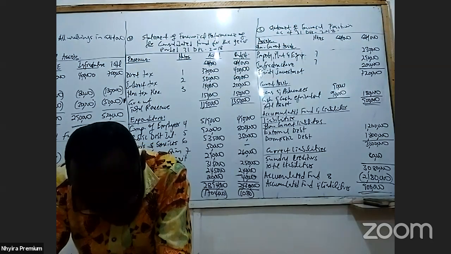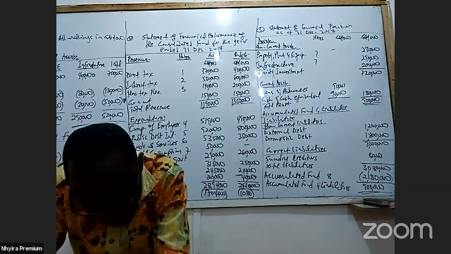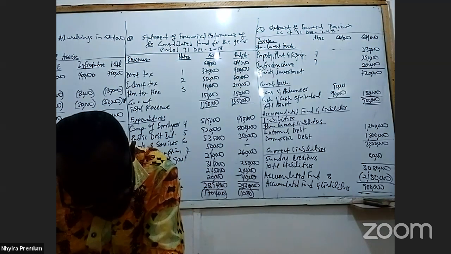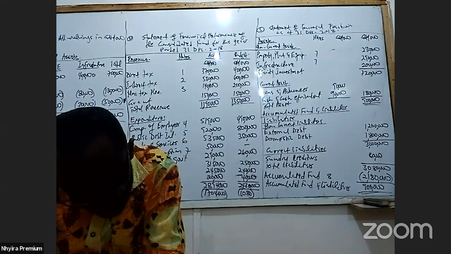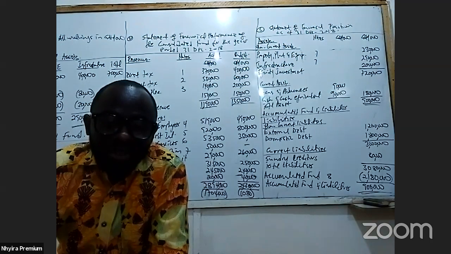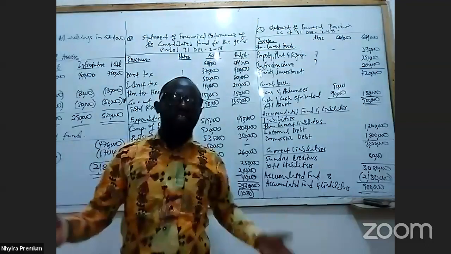Josephine Annan said, please, sir, can you take a question on MMDA? Then, please, where are you expected to write the notes? The notes should be written as part of your workings.